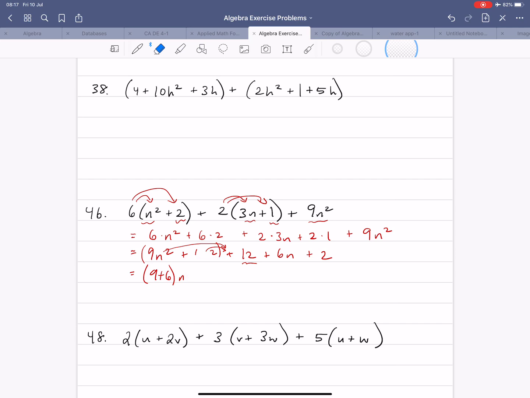So that's going to give me 14, and then I still have this 6n. Now I just need to substitute in 15 n squared for the 9 plus 6, so I get 15n squared plus 6n plus 14, and that's going to be my final answer.